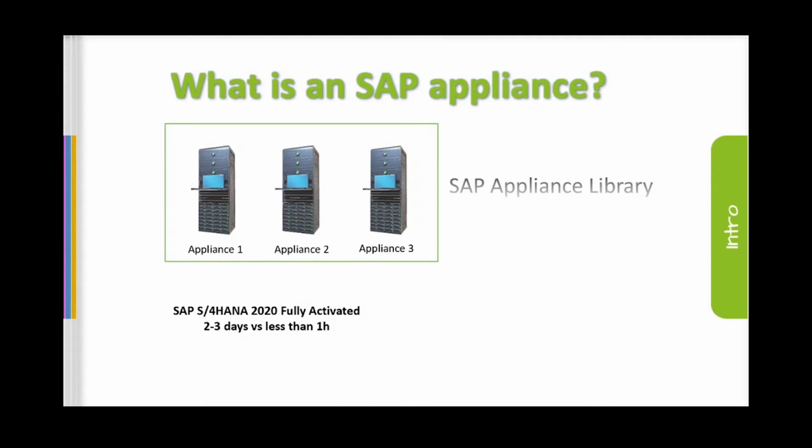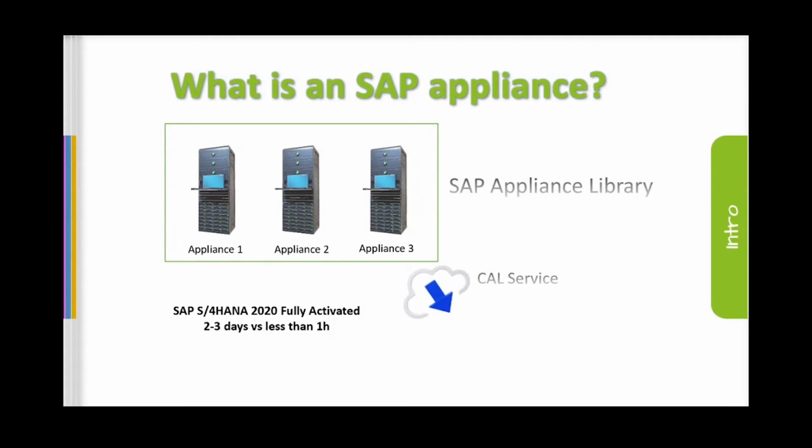Cloud Appliance Library is a repository of appliances in the cloud. Fully activated appliances contain configuration and demo scenarios with sample master and transactional data. They are systems ready to test.